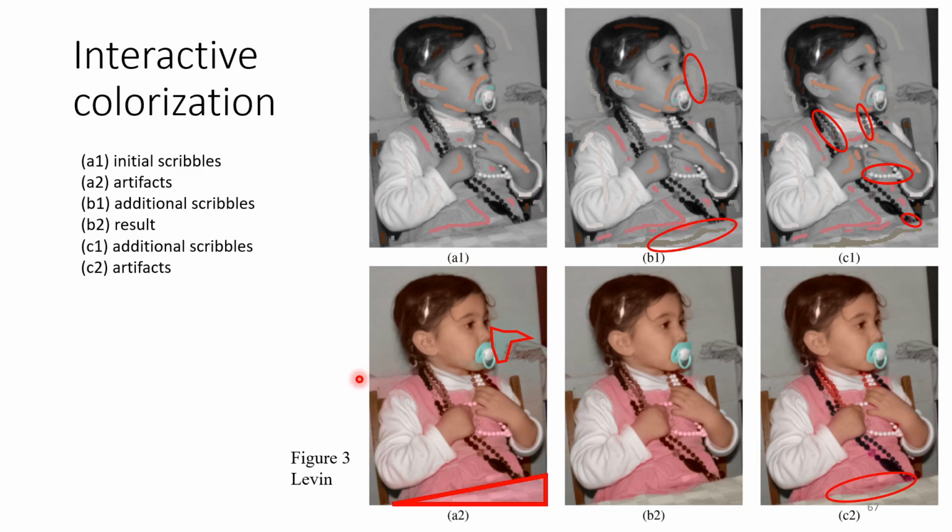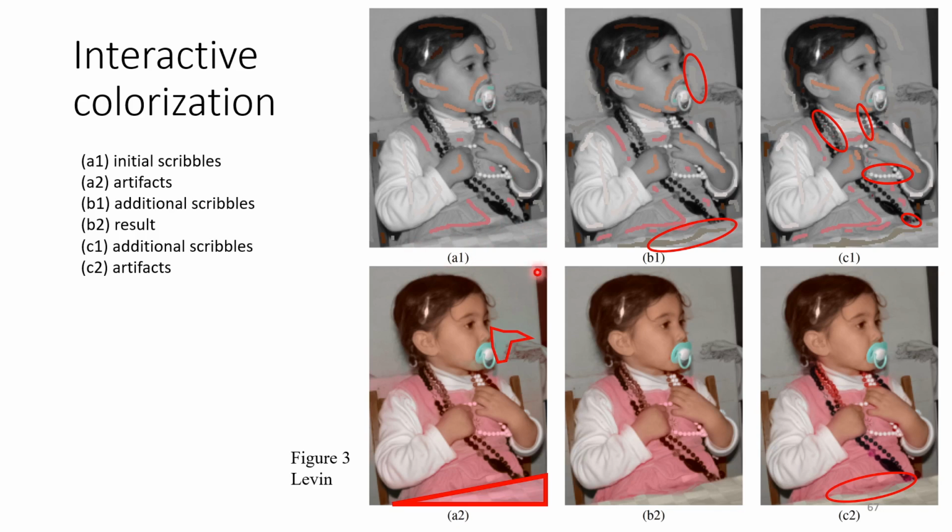But you can find some artifacts here, for example, close to the nipple, close to the pacifier area, because the pacifier is green, so the background region becomes green, purple, blue, etc. Because their y values are similar to each other.